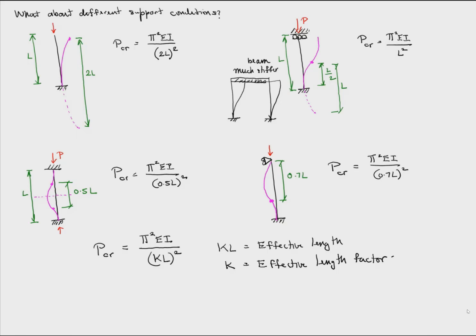So we can see that for the cantilever column, k is equal to 2. For this column, k is equal to 1. For this column, k is equal to 0.5. And for this column, k is equal to 0.7.